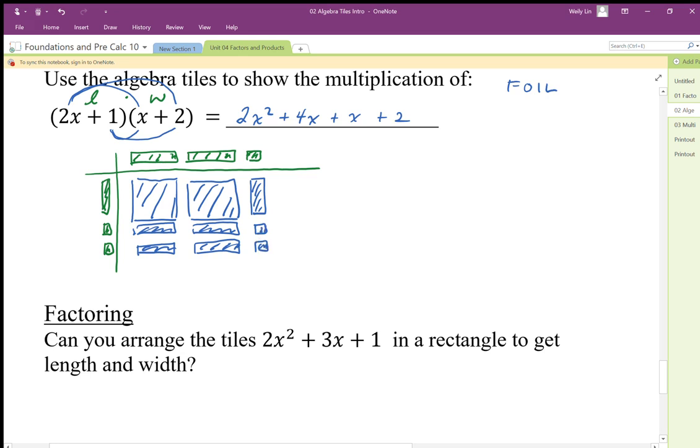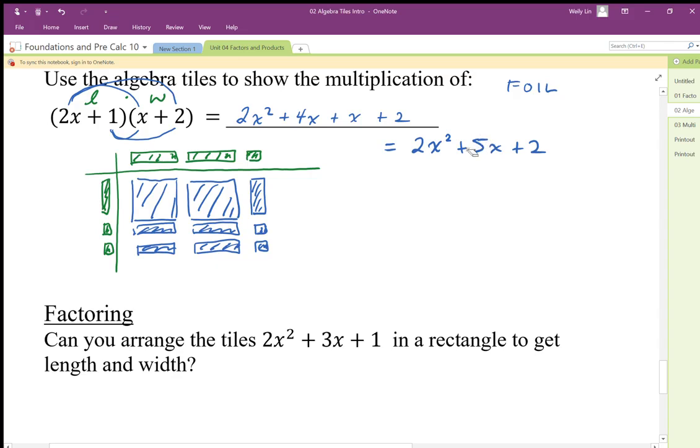So when we put this together, we want to combine like terms, so this ends up being 2x squared plus 5x plus 2. It's really important to understand that this middle term has been grouped together as like terms, and this is grouped together as addition. So we add to get the middle term.